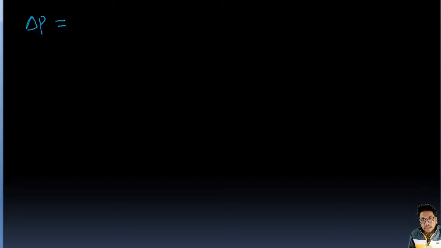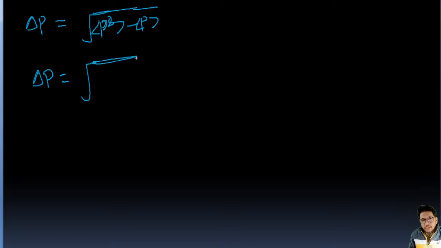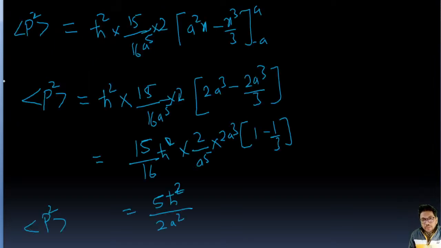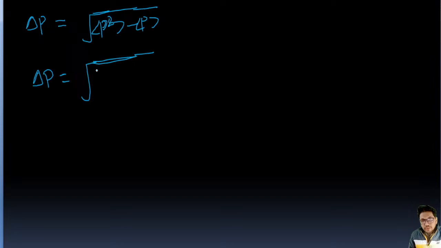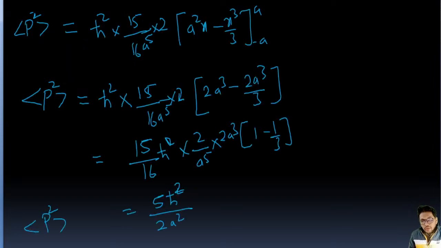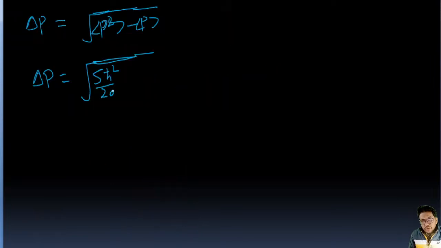Delta p is going to be root of expectation value of p square minus the square of the expectation value of p. The expectation value of p square we have already found, 5h cut square upon 2a square, minus the expectation value of p, which is 0.